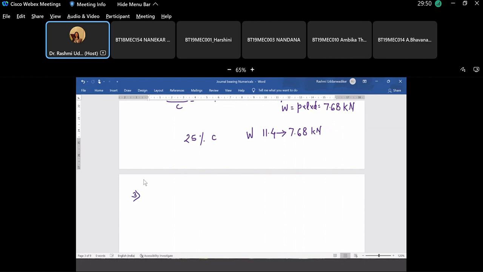Next problem. A sliding contact bearing subjected to 5 kilonewton load has a shaft of diameter 60 mm running at 900 rpm.